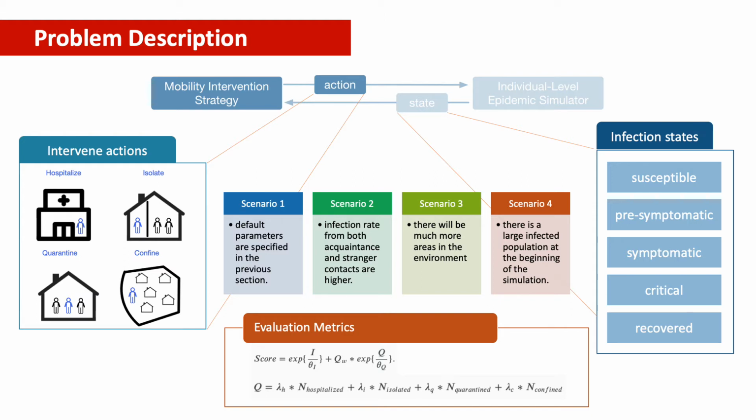And there are 5 levels of mobility intervention: no intervention, confine, quarantine, isolate, and hospitalized. And 5 scenarios are tested, and the score considers the total number of infected people and the intervention on human mobility.